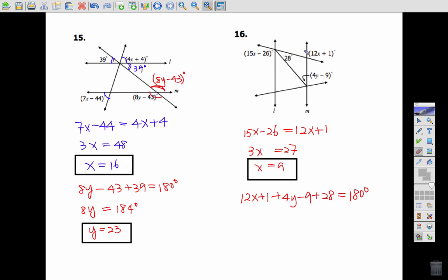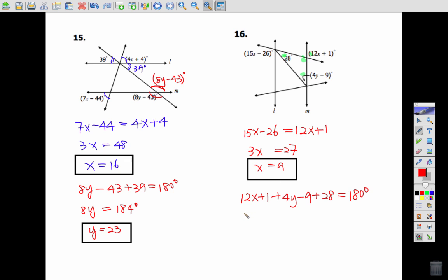Okay, I'm going to erase all of this and use a little highlighter to tell you I have 12x plus 1, which is here as well as here, because they're vertical angles. I have this angle, which is 4y minus 9. I have the third angle, which is 28 degrees. So that's how I added all of these together.